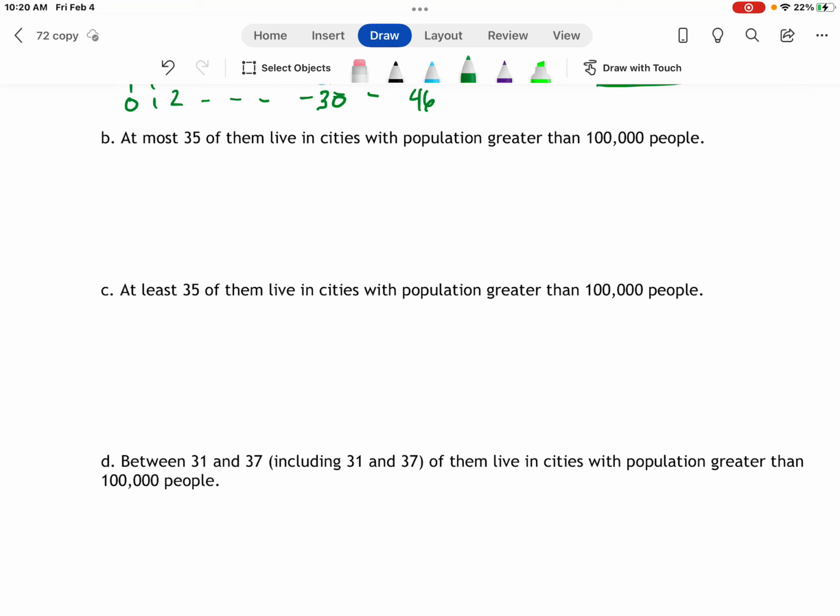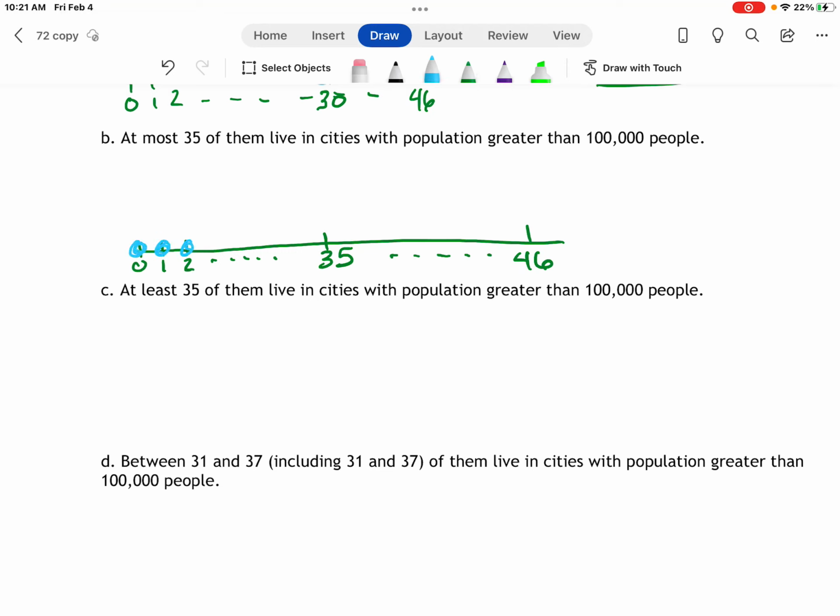Okay, part B says at most 35 of them live in cities with population greater than 100,000. So when we look at our number line, we want the biggest value to be 35.